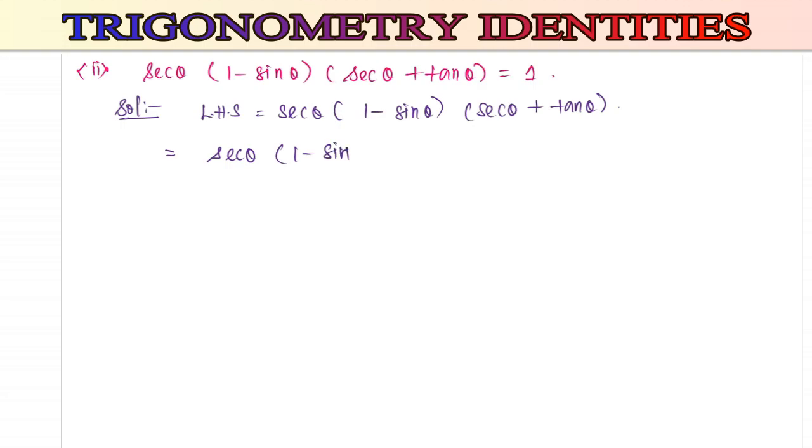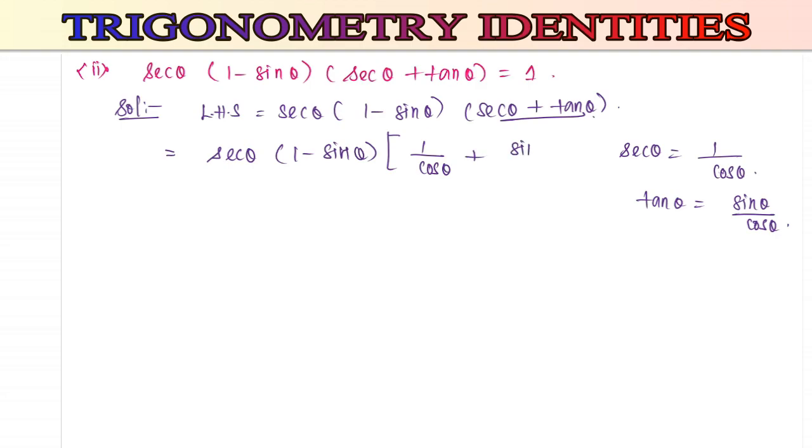Secant theta, 1 minus sin theta, let it be. Just I am going to take the reciprocal. So secant theta is equal to 1 divided by cos theta, tan theta is equal to sin theta divided by cos theta. Just I am going to replace here 1 divided by cos theta plus sin theta divided by cos theta.